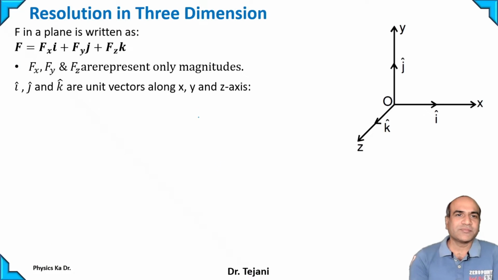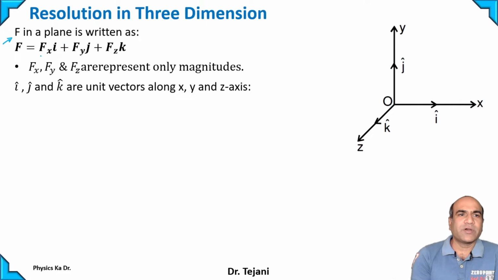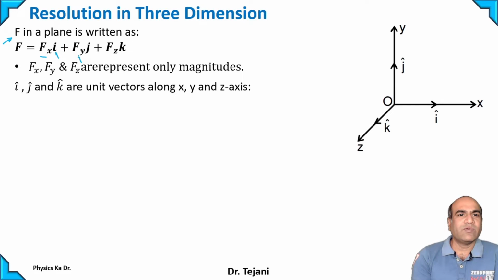Very simple. Let's move on. Similar resolution in three dimensions we can do. We just need the component along the x direction, where i represents the unit vector, a similar y component along y, where j represents the unit vector, and the component along z, where k represents the unit vector.